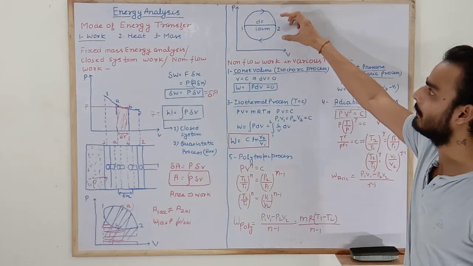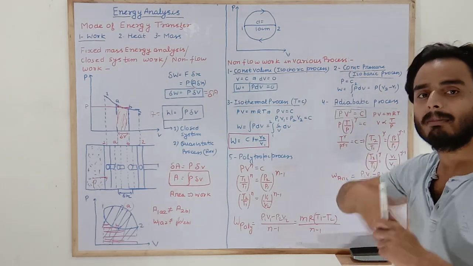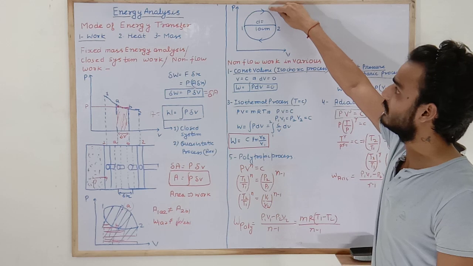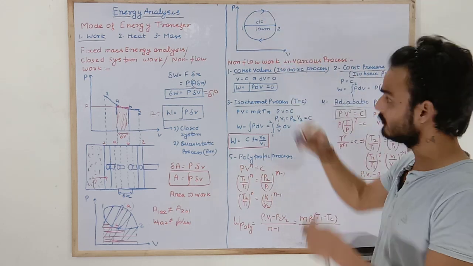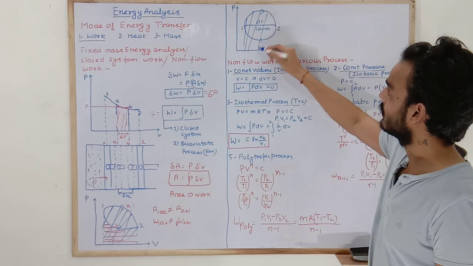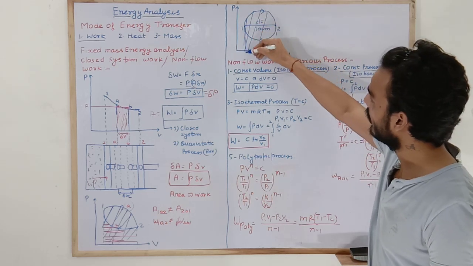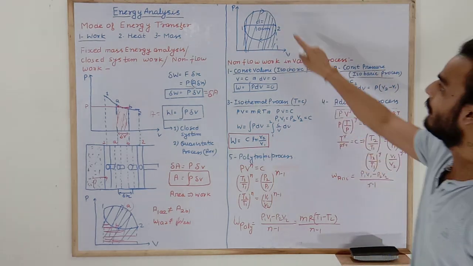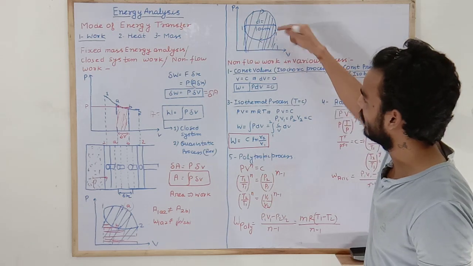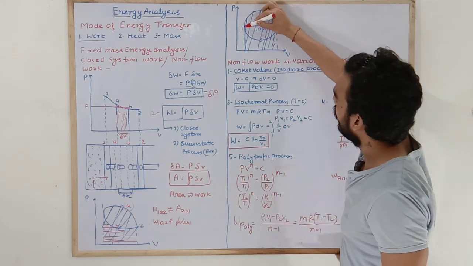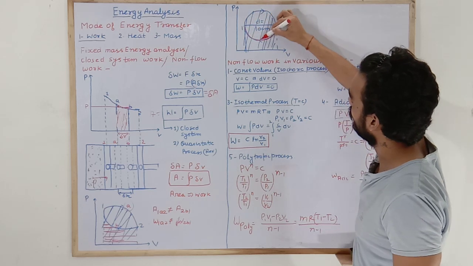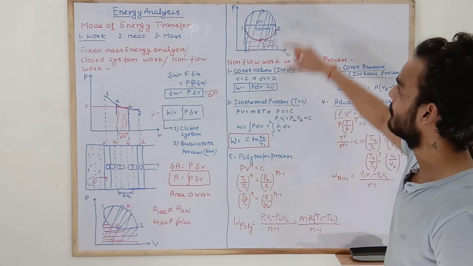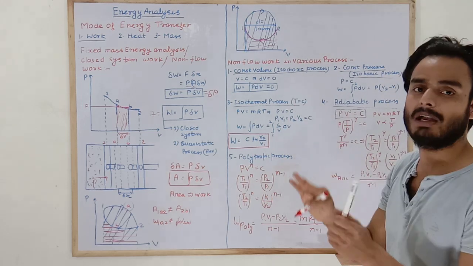From 1 to 2 we are going by this path, so this is the total area I will calculate. Now from 2 to 1 I am going by this path, as this arrow indicates, so this area I will calculate. Area means work. When I subtract this area from the total area, we will get net work.